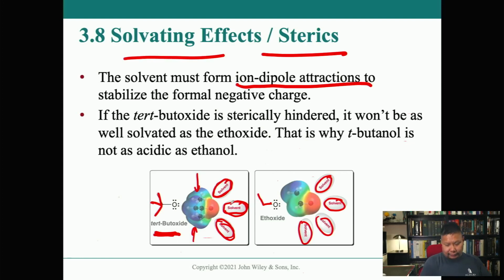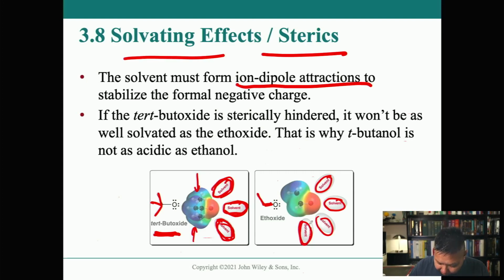So it doesn't do as good a job at stabilizing the negative charge. Whereas over here, ethoxide doesn't have all those methyl groups branching out and blocking the solvent molecules.